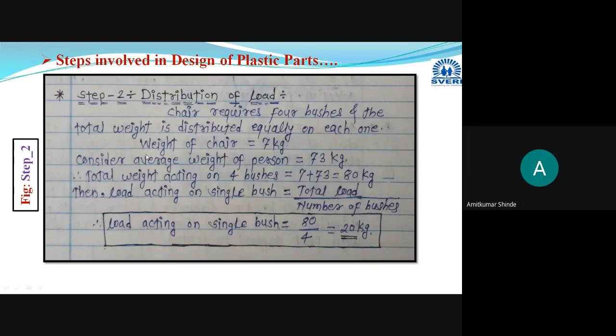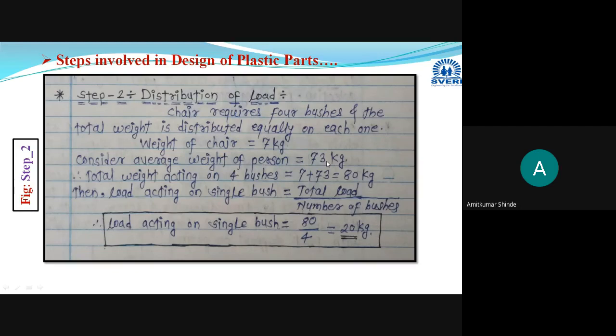Here we will consider the average weight of a person. I have considered 73 kg, just for simplification of the calculations. 73 plus 7 gives 80, divided by 4, it will come to a round figure. That's why I have assumed this value.